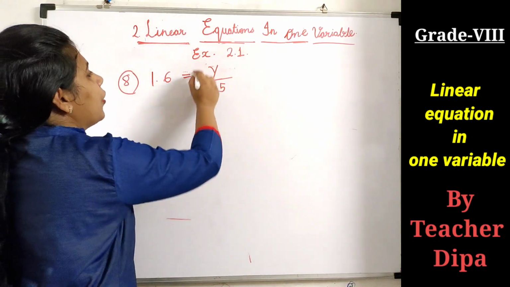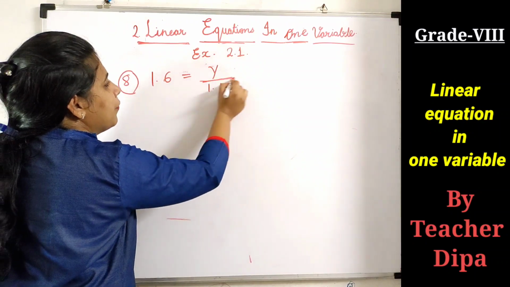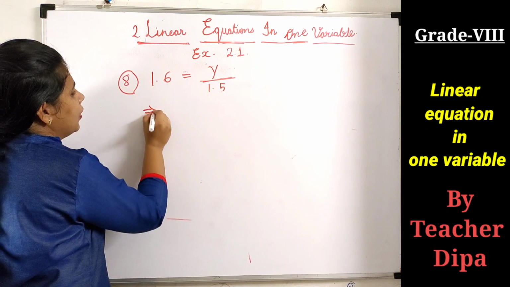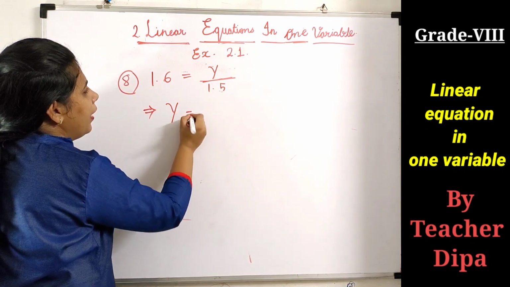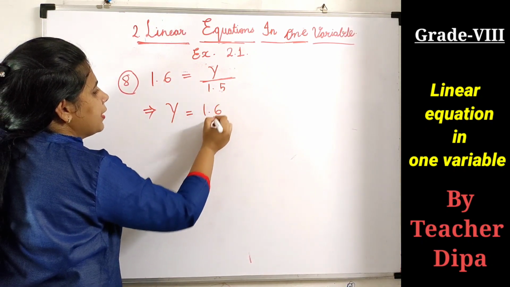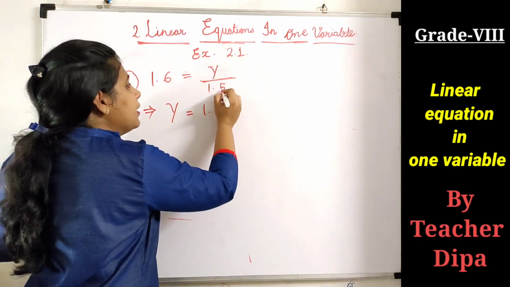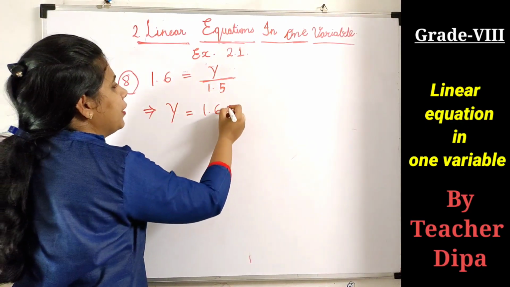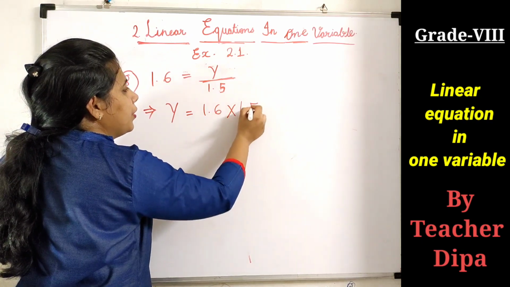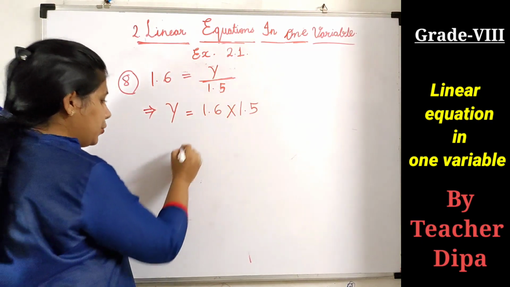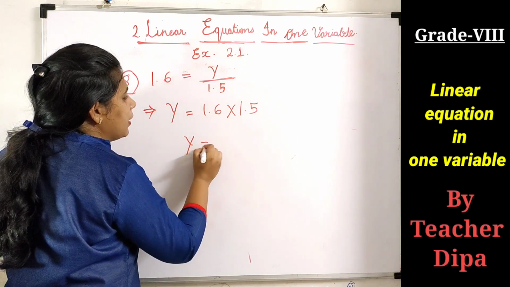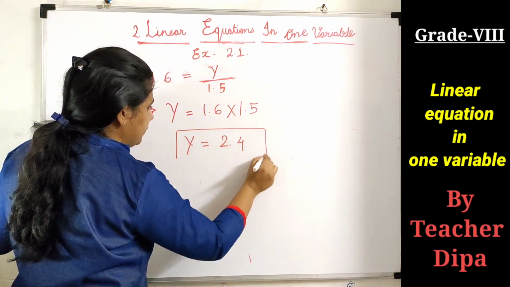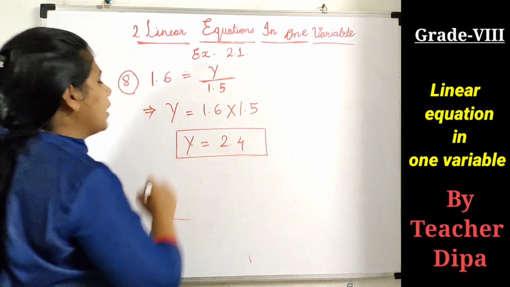As you have your RHS side in fraction and in decimal, at that time what we have to do is y equal to 1.6, and as it is in division form, when it is shifted to the other side, it will be multiplied by 1.5. So we are getting y is equal to 2.4, and it is our answer.